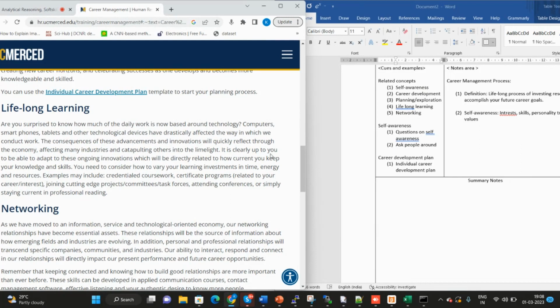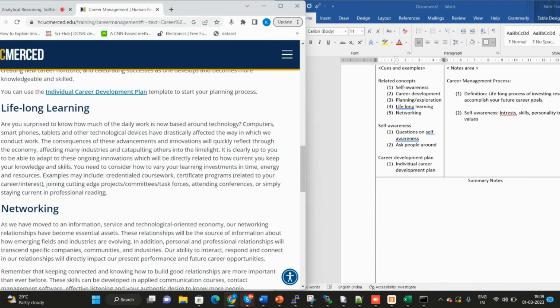It is clearly up to you to be able to adapt to these ongoing innovations, which will be directly related to how current you keep your knowledge skills.